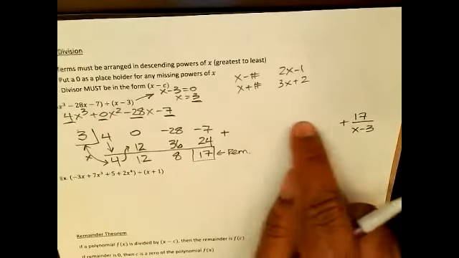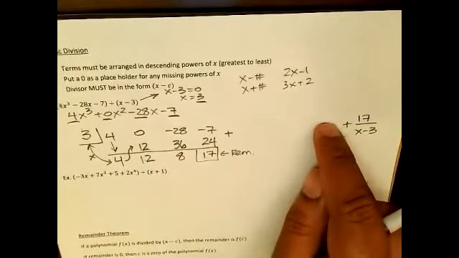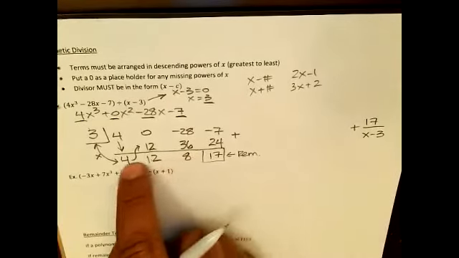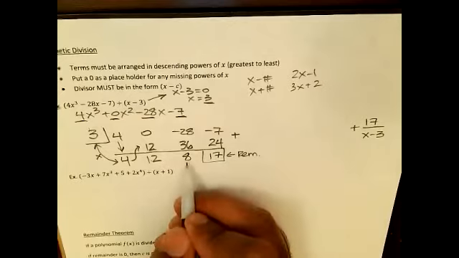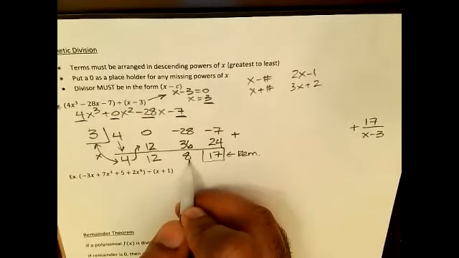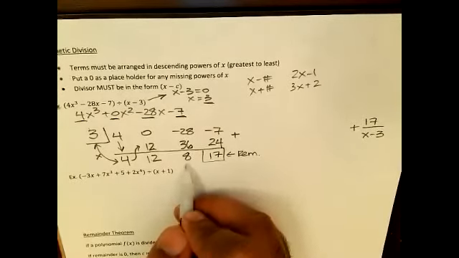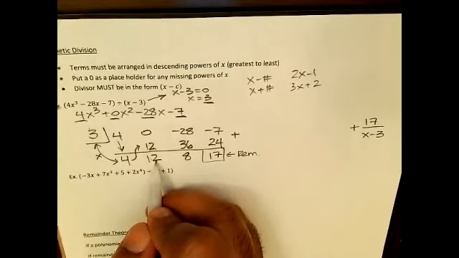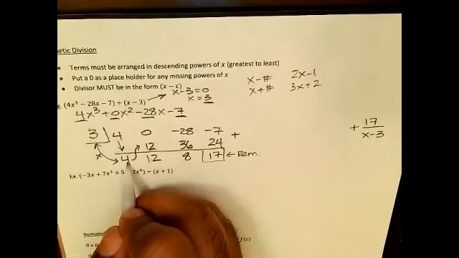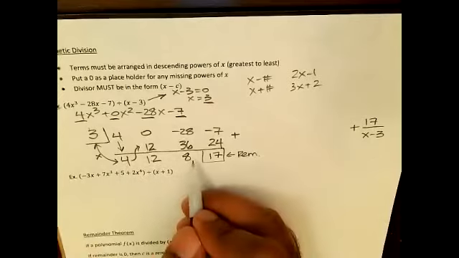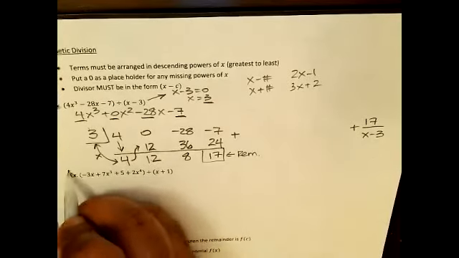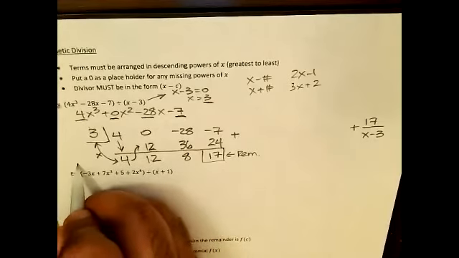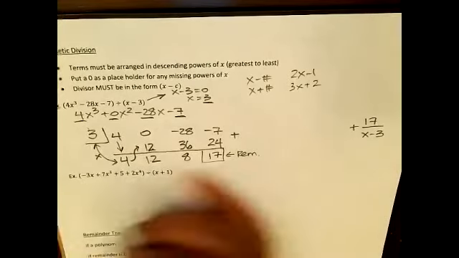Now for the other part of the answer that's going to go in front of that, I'm going to get that from these numbers that I have down here: the 4, the 12, and the 8. The 8 is going to be a number all by itself. The 12, you're going to put an x with it, and the 4, you're going to put an x squared with it. If you had other terms, it would go x cubed, x to the 4th, x to the 5th, and so on.